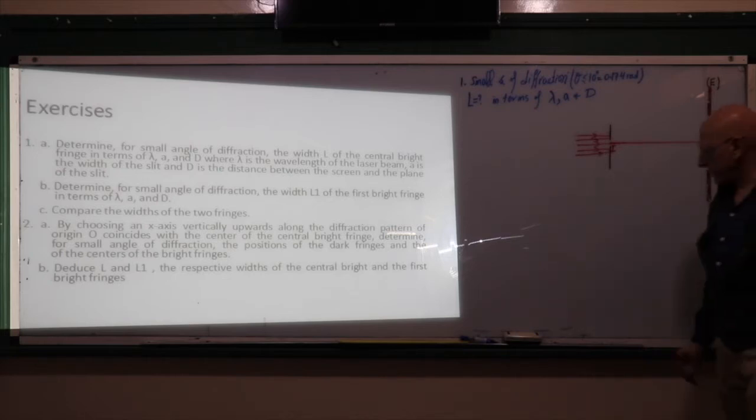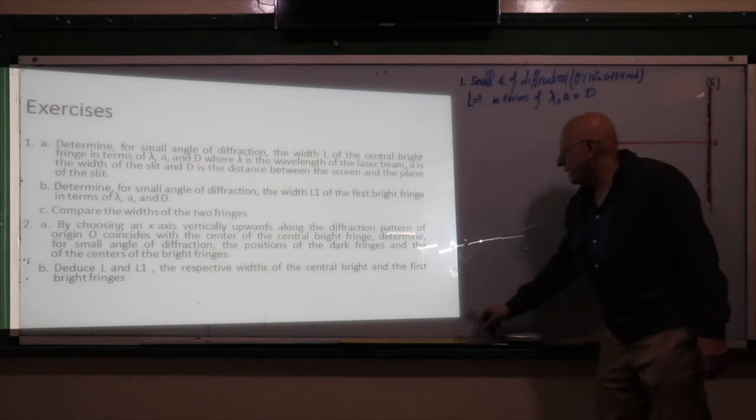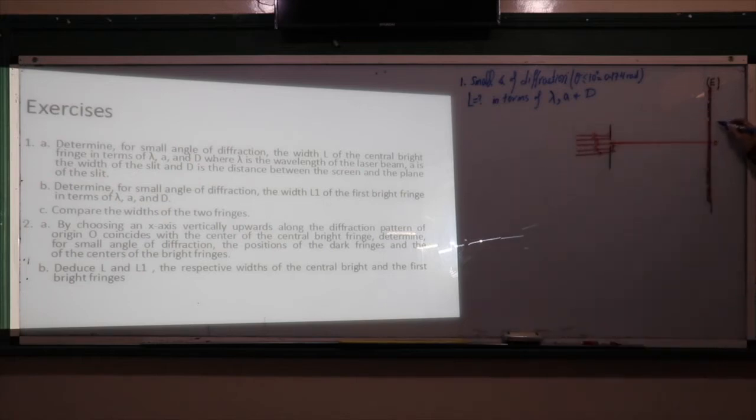What is L that I want to find? L is the length of this one, the width or the length of the central bright fringe. I want to find it in terms of lambda, A and D.